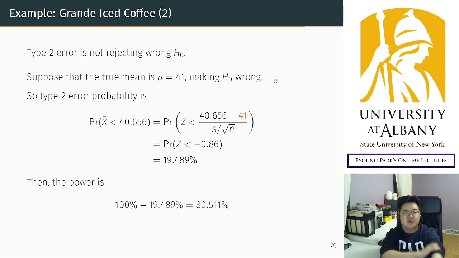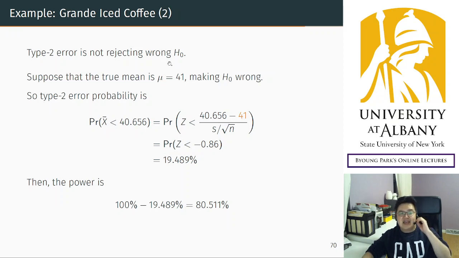But type 2 error probability is not easy to calculate. Type 2 error happens when you do not reject a wrong null hypothesis, right? So we assume the null hypothesis is wrong. So we have to specify a value when it is wrong.